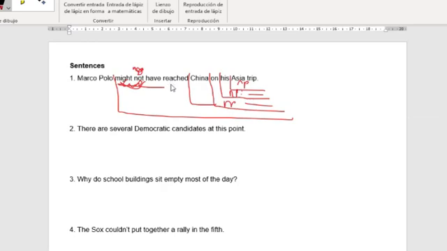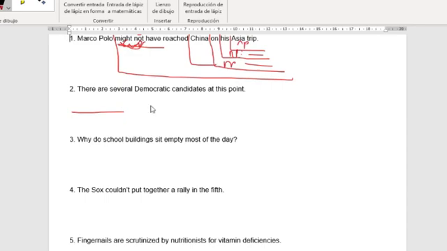What is the form? It's only one. Past participle. And the perfect. It's only one.